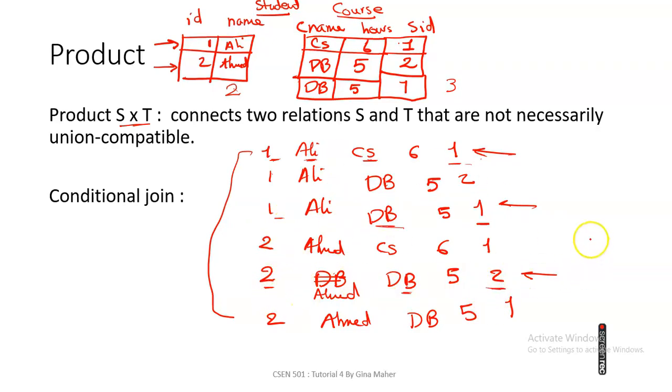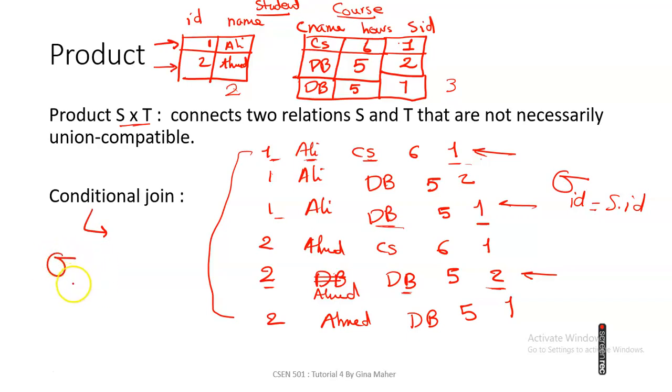So after the product, we can select where ID equals S.ID. Since the selection after product is common, this is called a conditional join. And we can simply denote it like this.